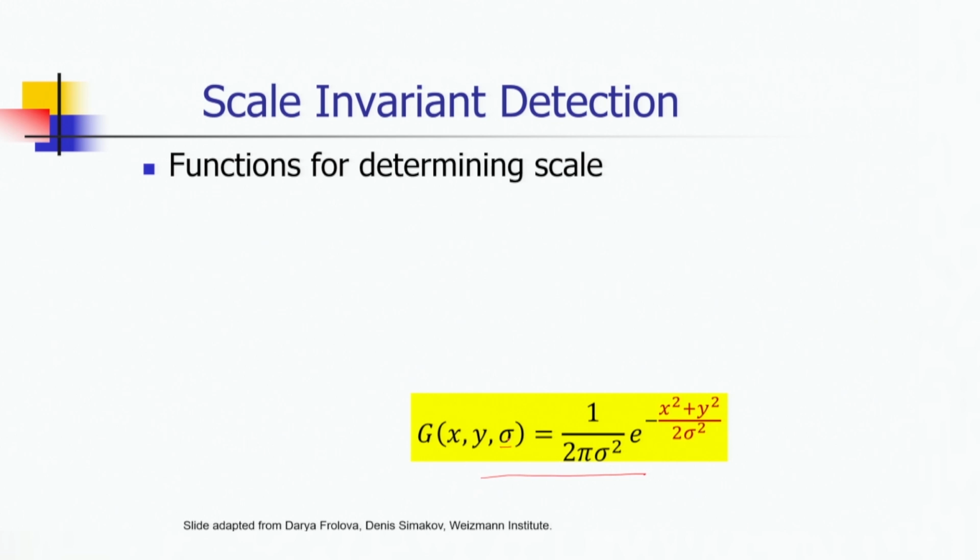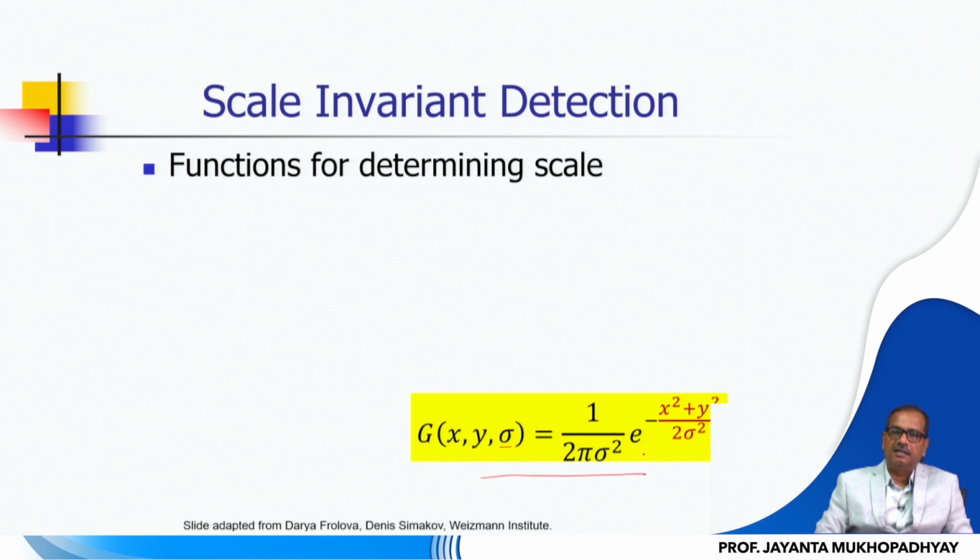So with varying sigma, I can get this kind of filter. This function provides the impulse response of a Gaussian filter. At varying sigma, you can design different Gaussian filters and apply them on the image. That means you can convolve the image with these filters and you get a multi-scale representation.